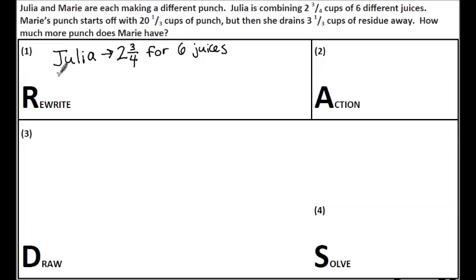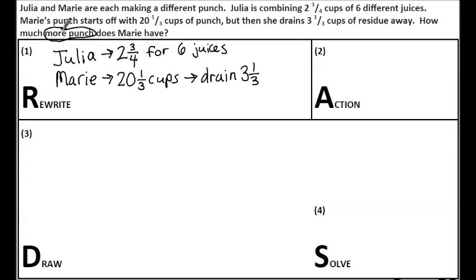And Marie's punch starts off with 20 1/3 cups of punch, but then she drains, or she pours out, 3 1/3 cups of residue. Residue means left over.